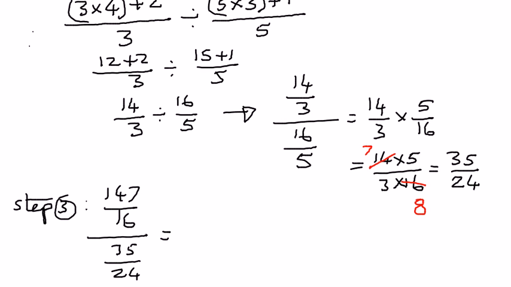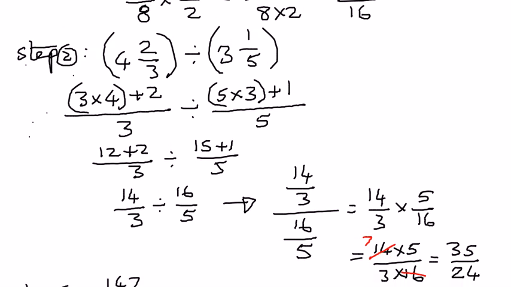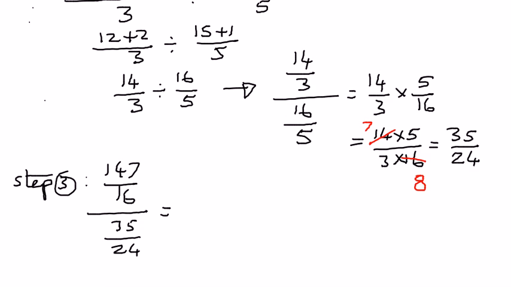If we were to look at the numerator, we have 21 times 7. We can also write this one as 147 over 16, which is the numerator part. We convert the division into multiplication, and then we write the reciprocal of the denominator, which we have 35 over 24.